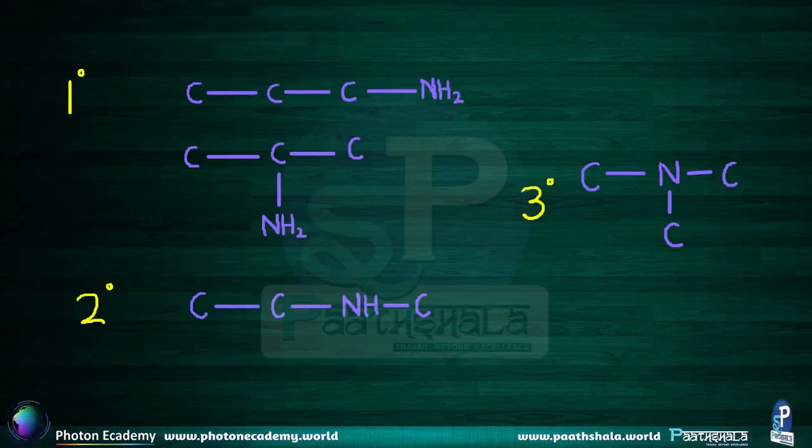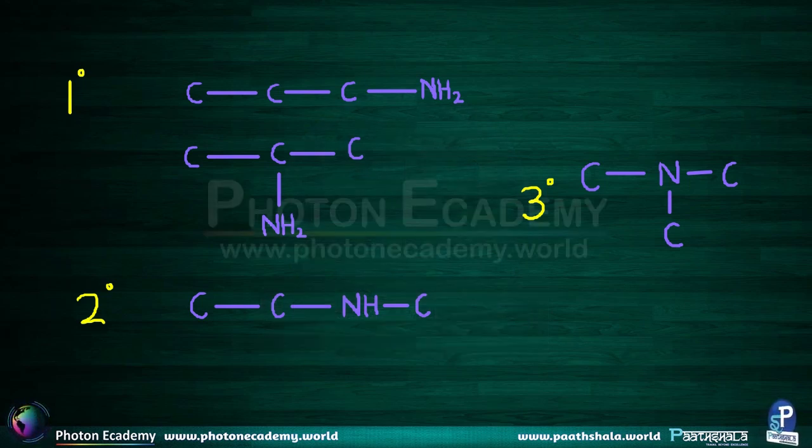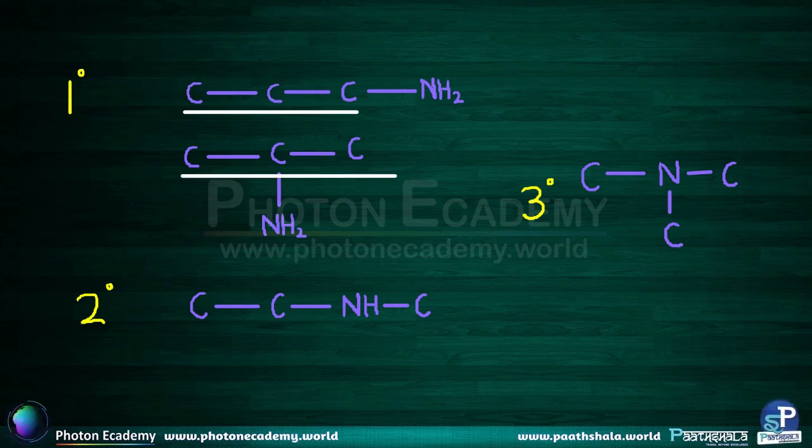Now we have understood that C3H9N has degree of unsaturation equal to 0. So now we have to make all the possible molecular structures of amine having the formula C3H9N. So when I consider a 1 degree amine, I arrange the carbon atoms in a straight chain as we are able to see over here.